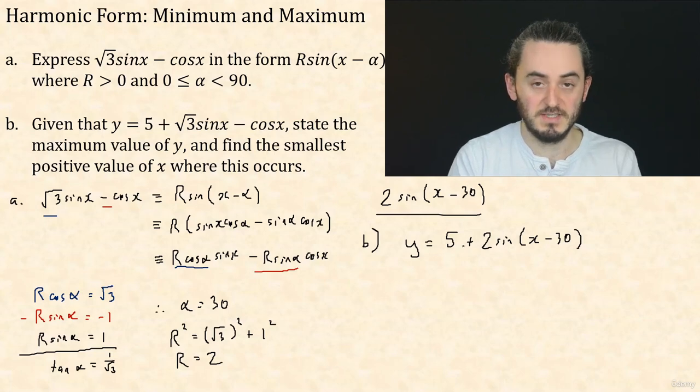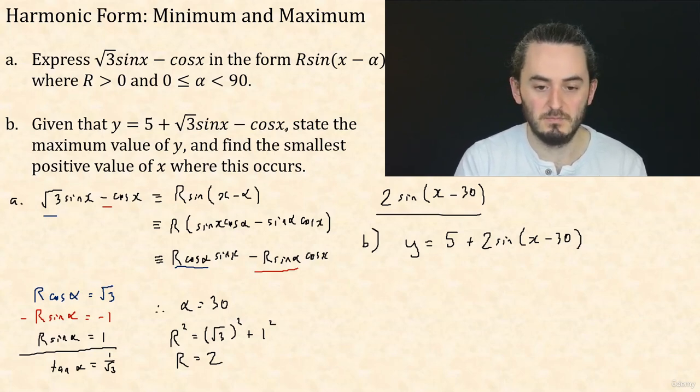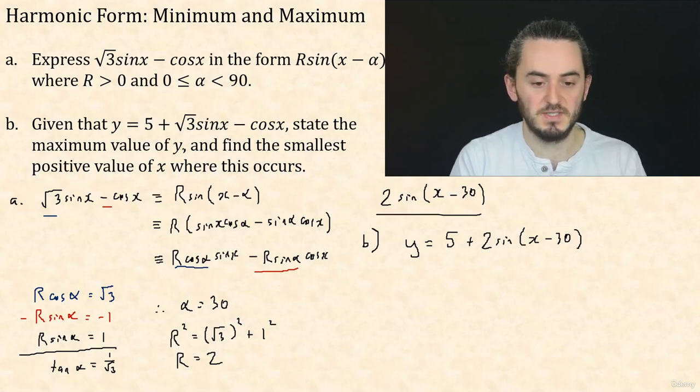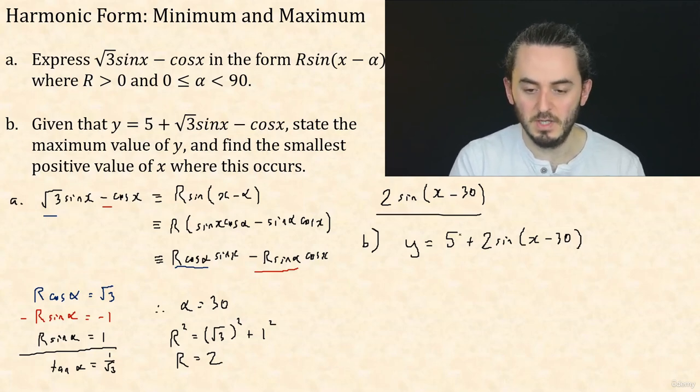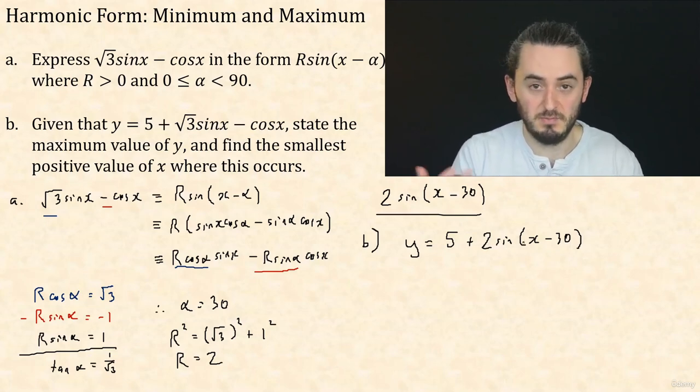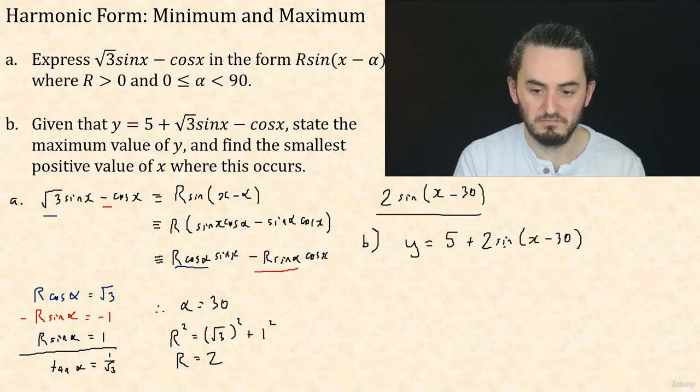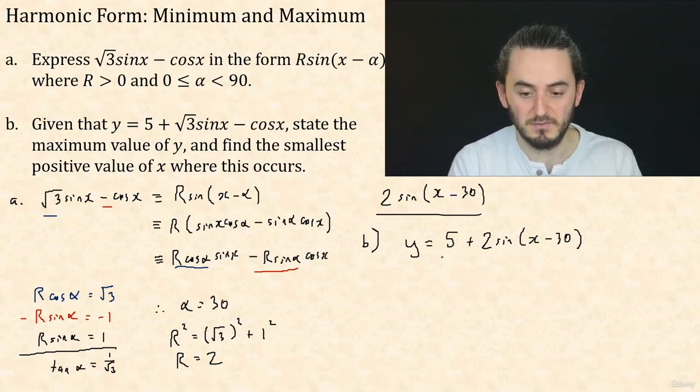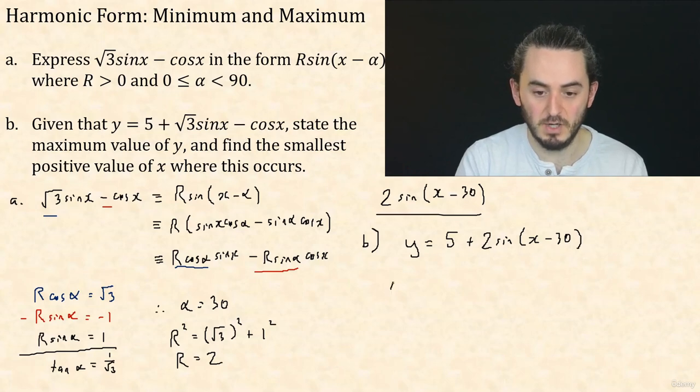That is now a form in which I can fairly easily find the maximum point. It asks for the max value of y and the smallest positive value of x where this occurs. Let's just build this up. How big can sine of anything be? The biggest that sine ever is 1. So the biggest that 2 sine of anything is 2. Add 5 to that, and the max value of y is 7.